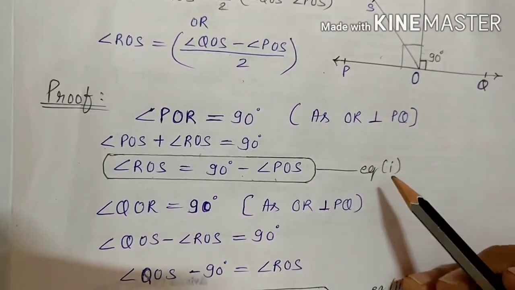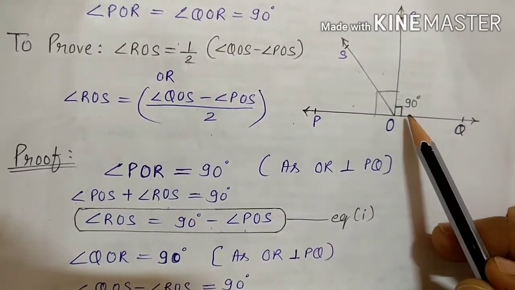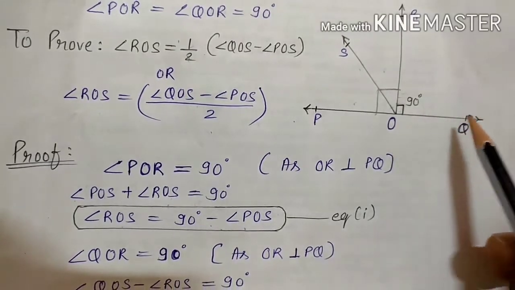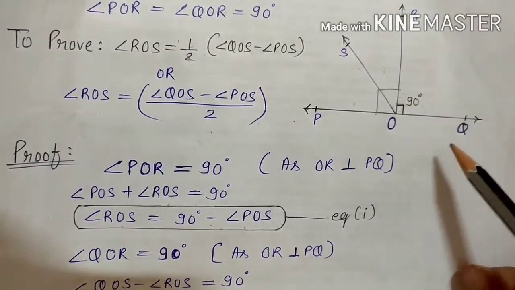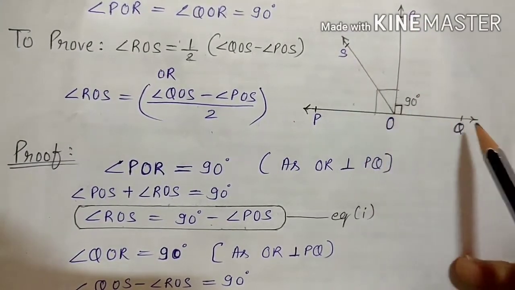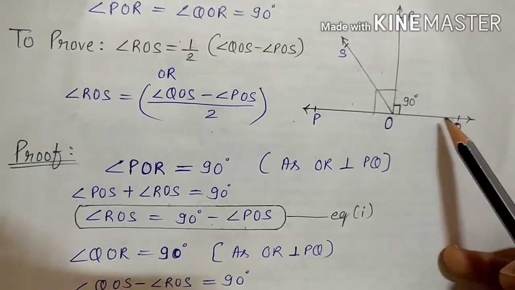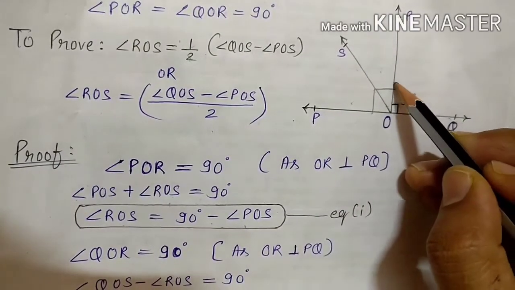Now QOR is also given as 90 degrees. How can we write QOR in another way so that we can include ROS? Just check. If we subtract ROS from QOS, what will we get? QOR only.